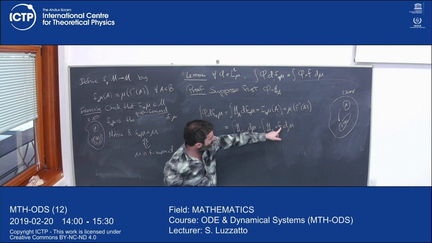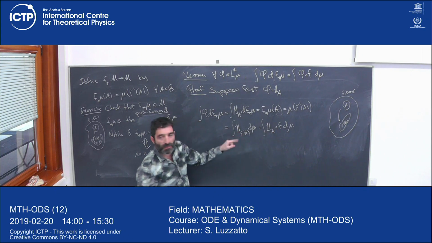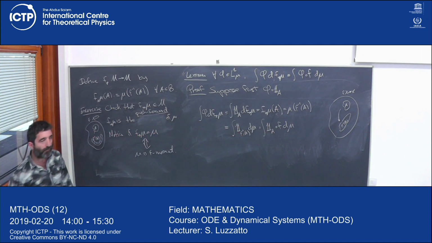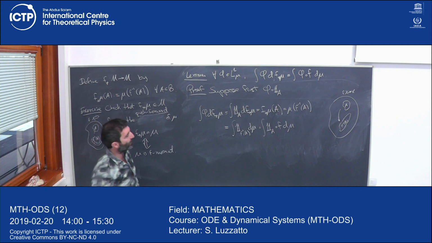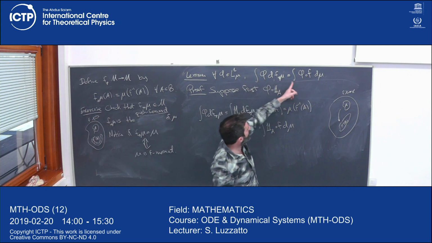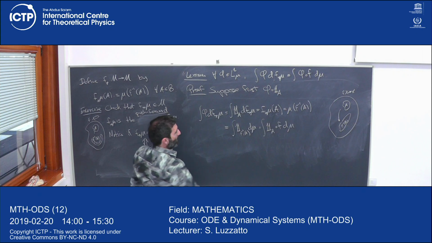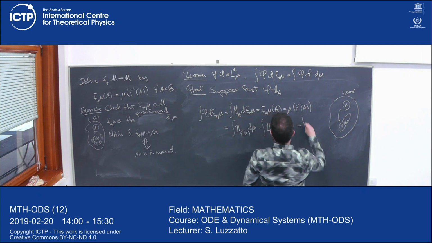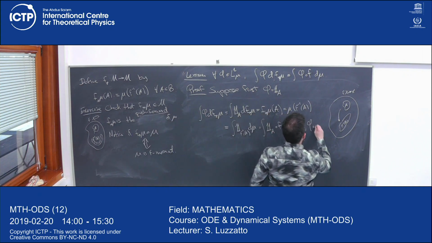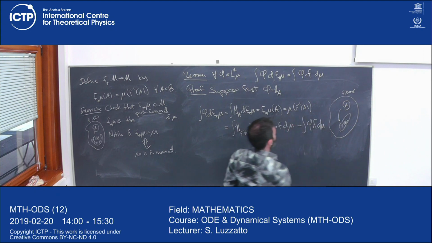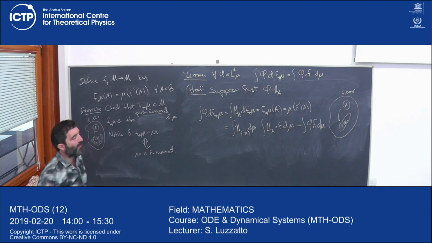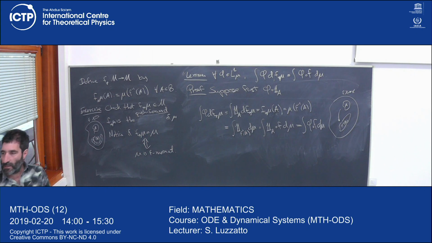You take a point, you apply f, and it belongs to A. It's the same thing as belonging to f minus 1 of A. So this is exactly the statement, and this is equal to the integral of phi composed with f. Right? So this is easy in the case of characteristic functions.